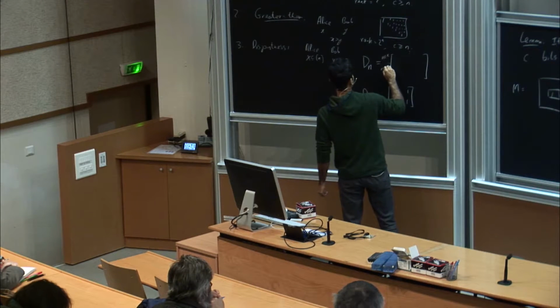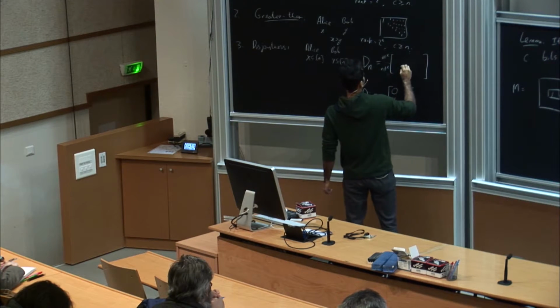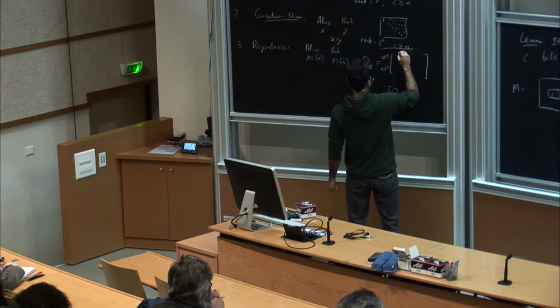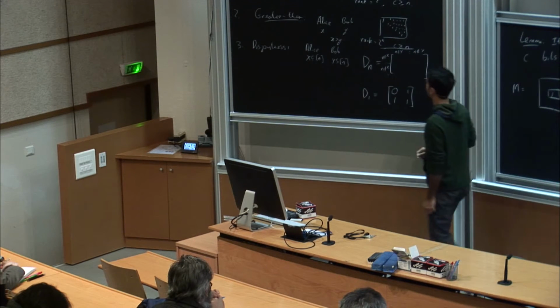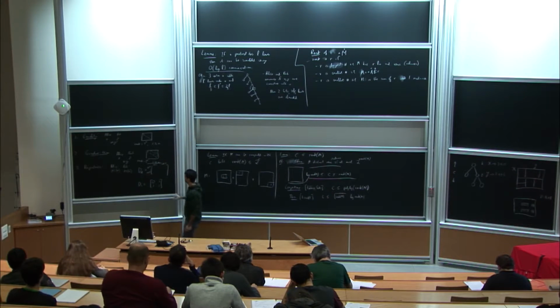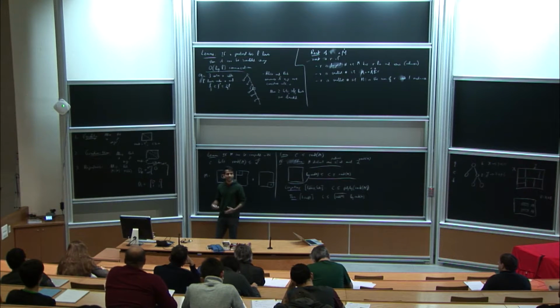N is in x, and here n is not in x. And similarly, I'll write here all the y's where n is in y, and here n is not in y. And then you see that here you just have a 0 matrix, because n is in both, so they're intersecting.